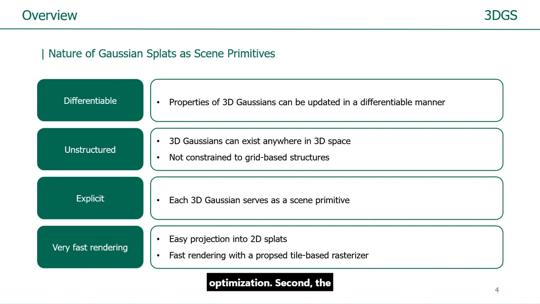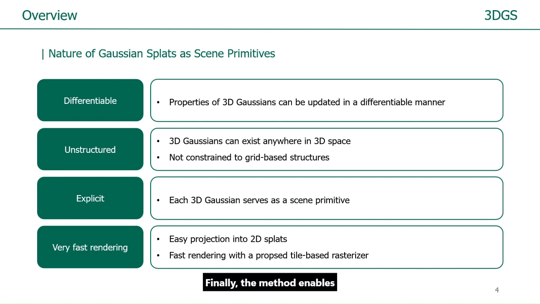Second, the representation is unstructured. 3D Gaussians can exist anywhere in 3D space and are not constrained by grid-based structures. Third, the representation is explicit. Each 3D Gaussian directly serves as a scene primitive, allowing the scene structure to be represented explicitly.